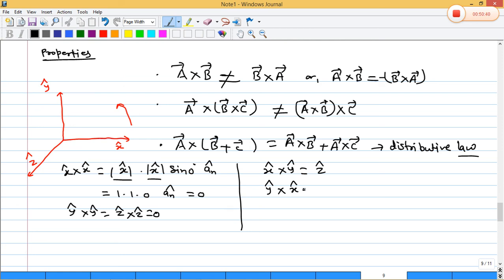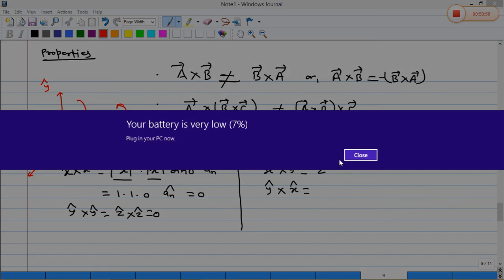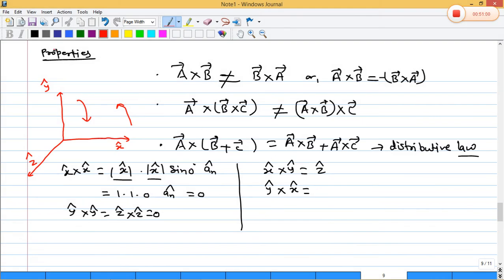And y cross x: put our palm in the xy plane and cross our fingers from y to x. Our thumb direction will be inside, the negative side of z. So it will be minus z. Are these both equal?